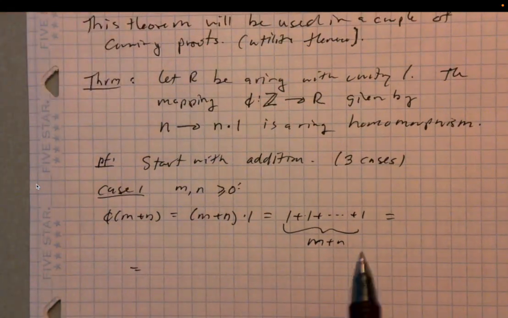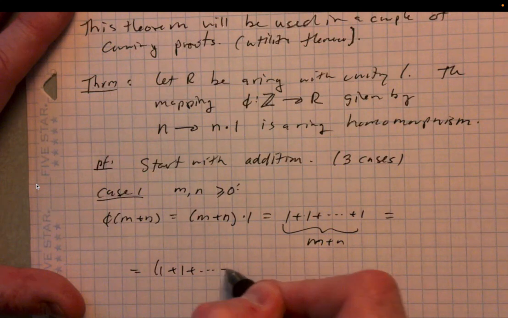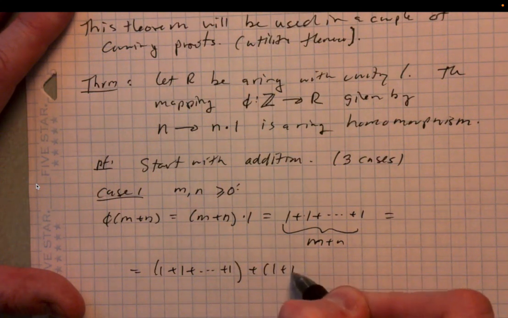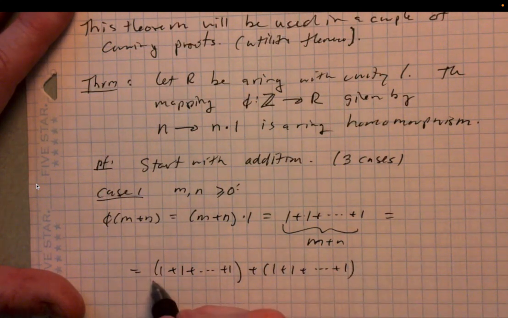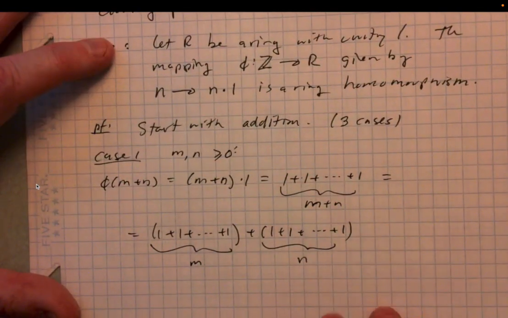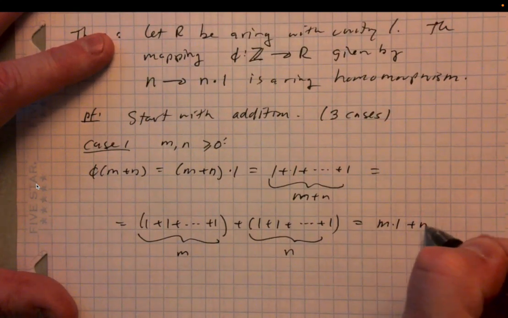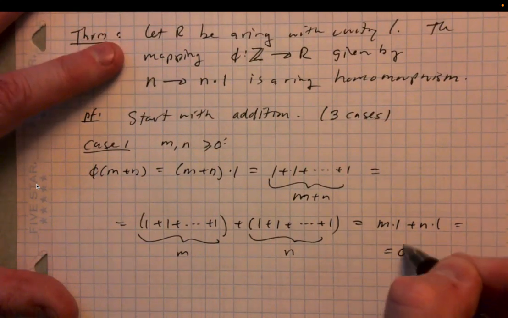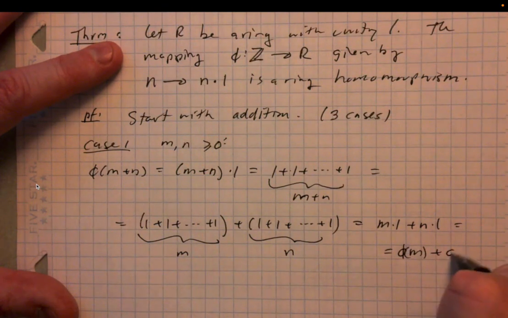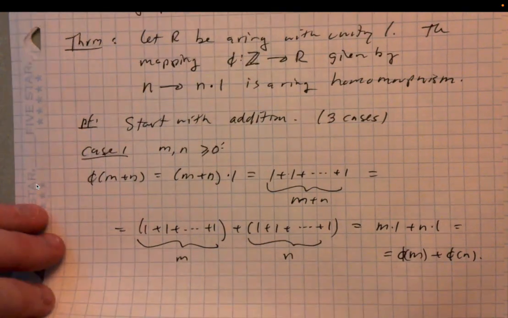And we can break that up into 1 plus 1 plus dot dot dot plus 1, where you've got m of them over here, plus 1 plus 1 plus dot dot dot plus 1, where you've got n of them over there. And of course, this is m times 1 plus n times 1, which is phi of m plus phi of n. So in the case of both positive or 0, it's straightforward.